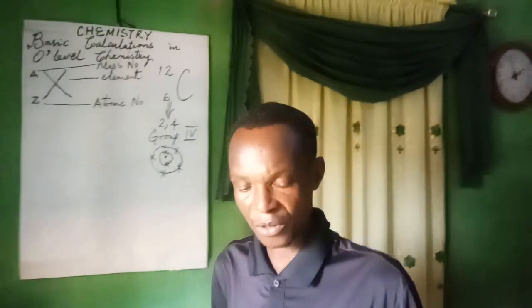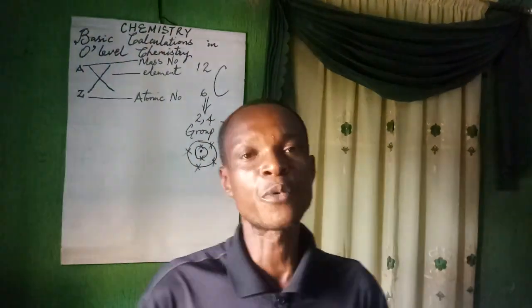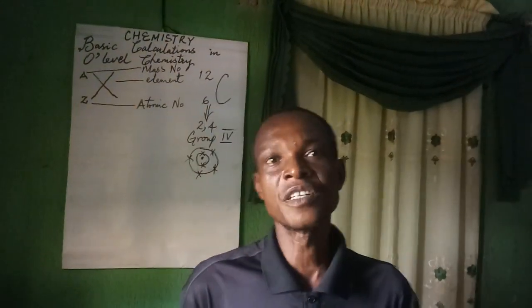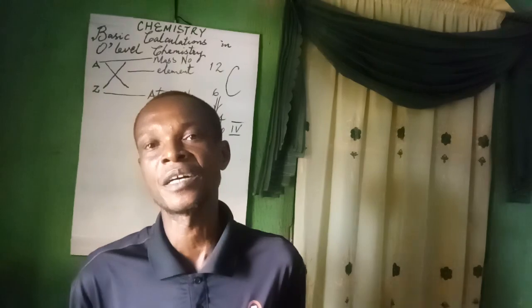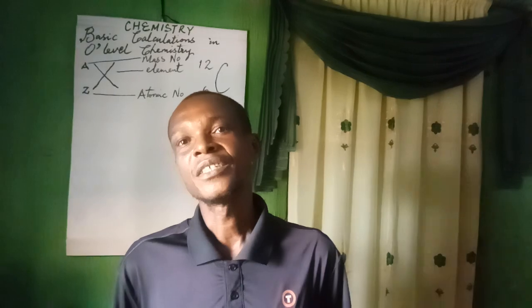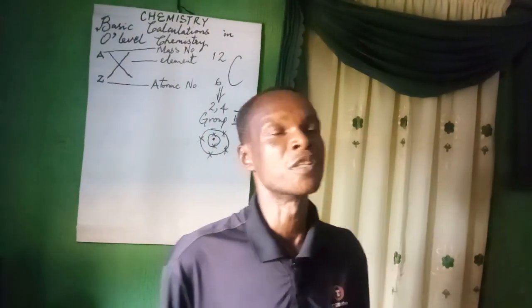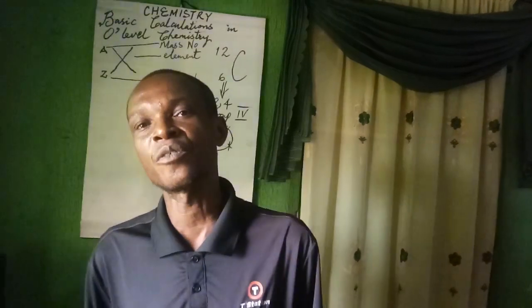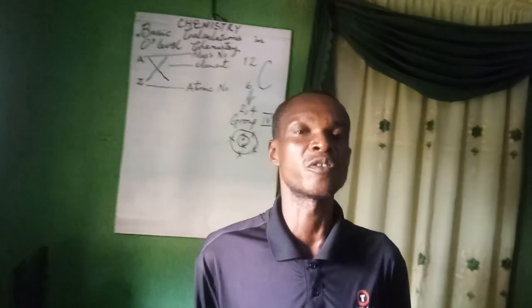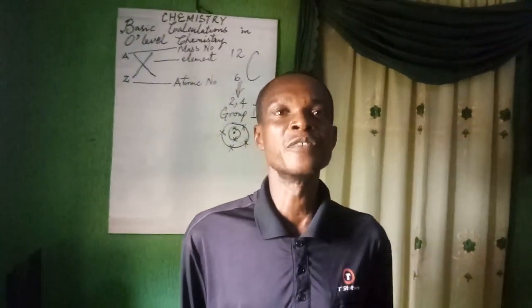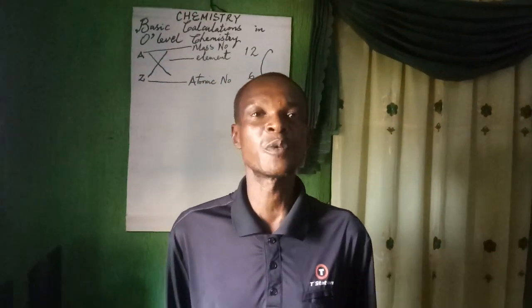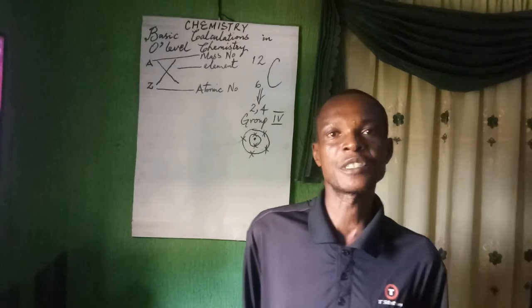Now, the mass number is defined as the number of protons and neutrons in the nucleus of an atom. The reason it is called mass number is because it has to do with the mass of that element. We already know from our knowledge of the subatomic particles of an atom that the neutrons contribute basically to the mass of an atom, or in other words, the physical properties of an atom, while the electrons are responsible for the chemical properties.